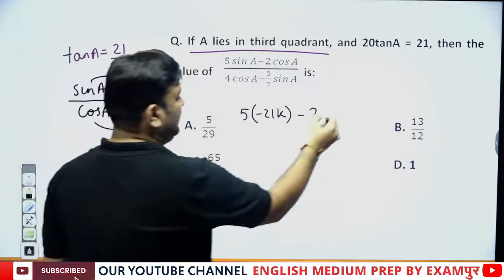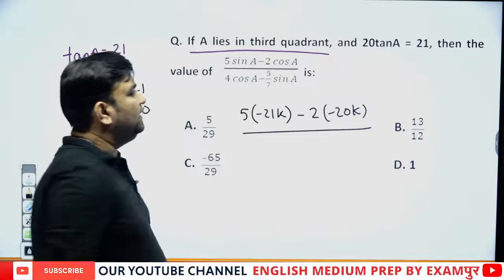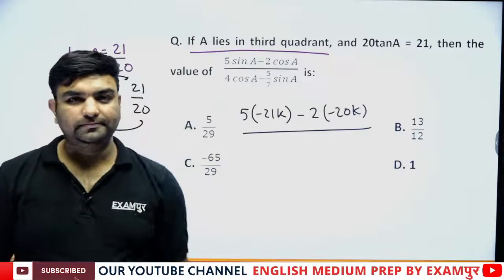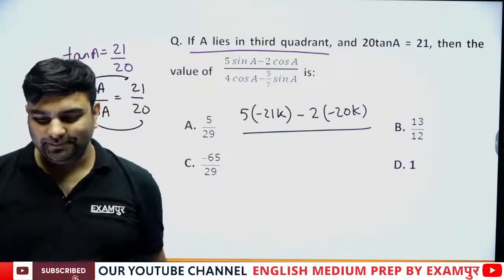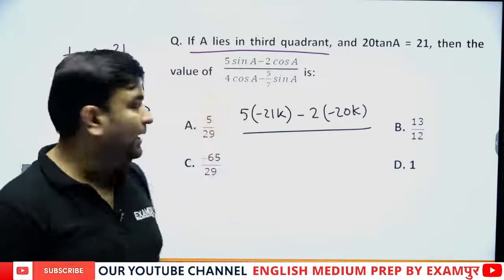Cos is minus 20K, because cos is also negative there. Now, since both of them are negative, negative is not playing any role. If only one of them would be negative, negative would be playing the role.